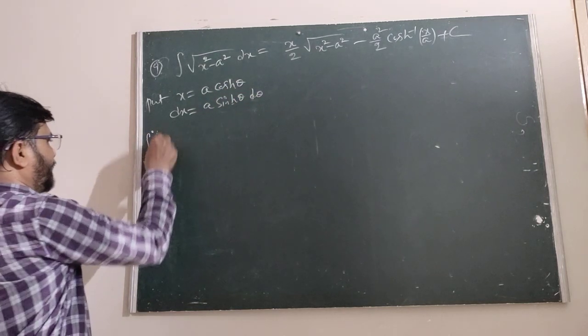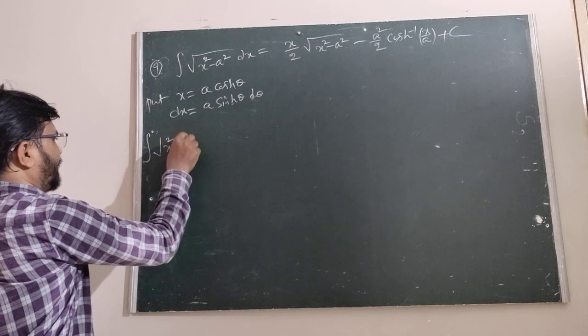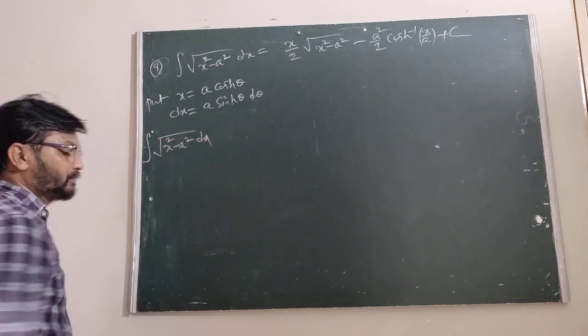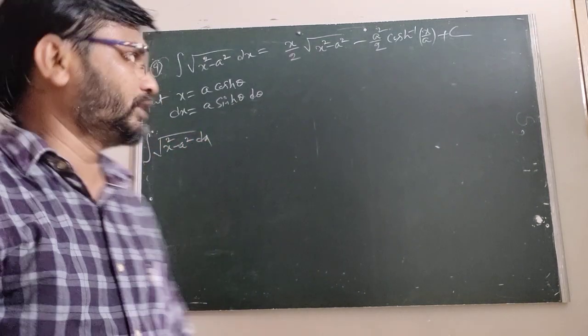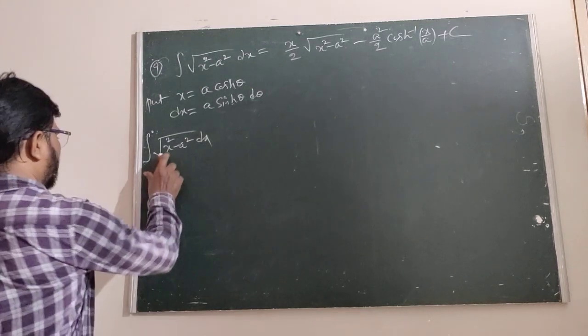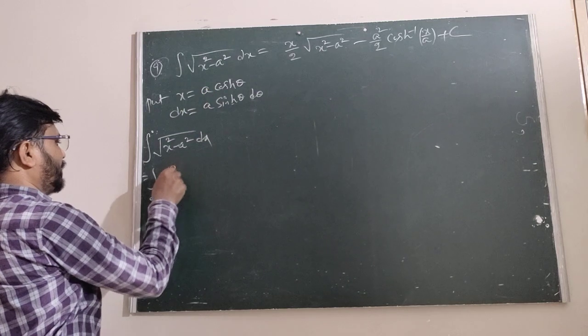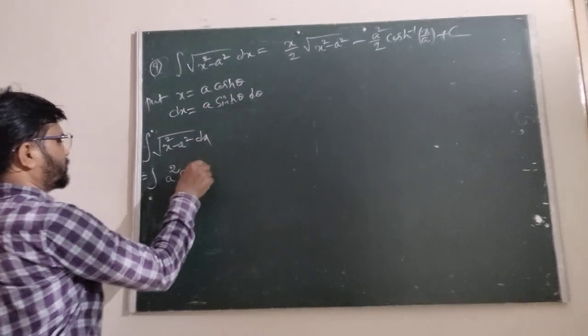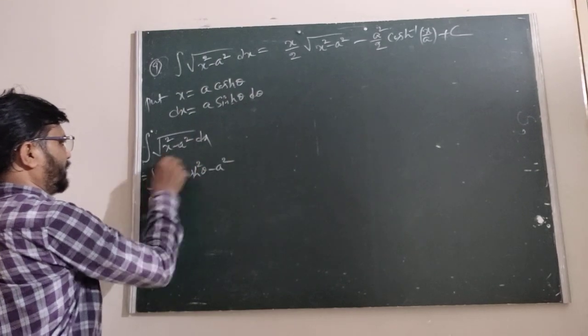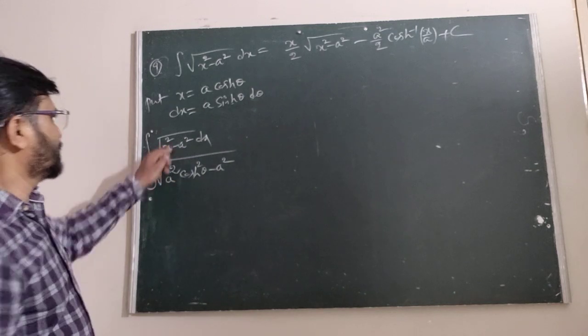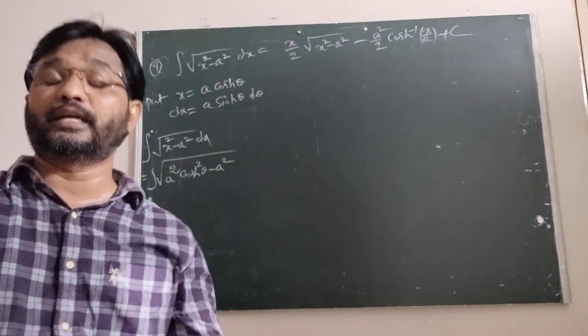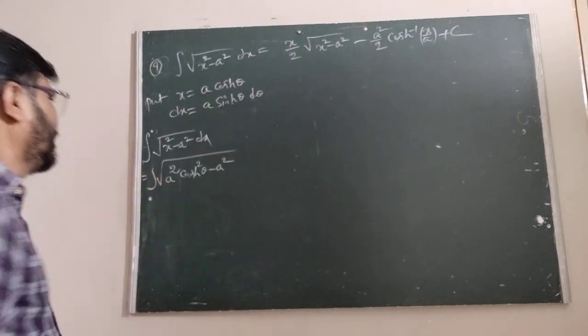Now we are taking the integral of under root x square minus a square into dx, and applying the substitution. X square is a cos h theta whole square, that is a square cos h square theta, minus a square.